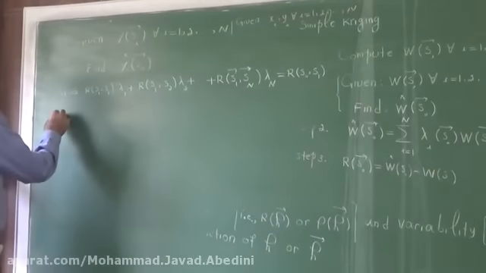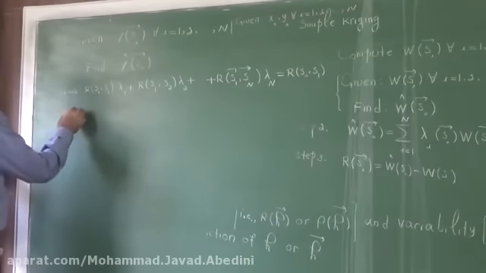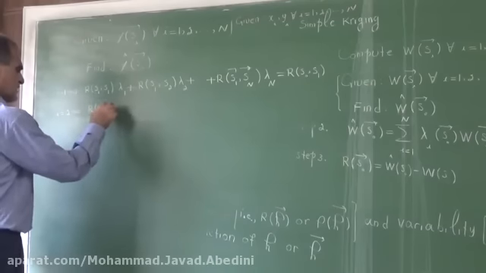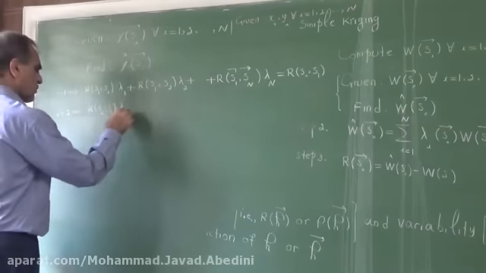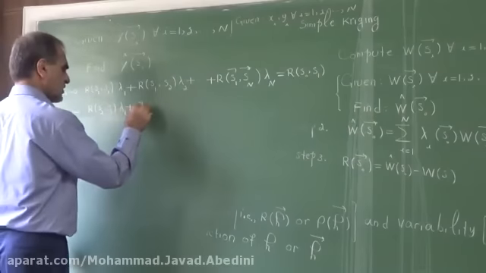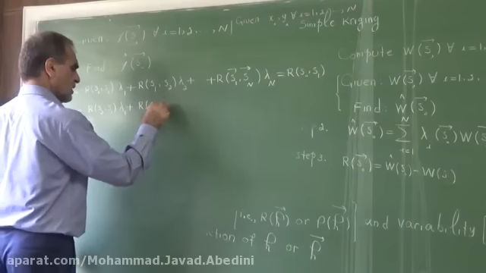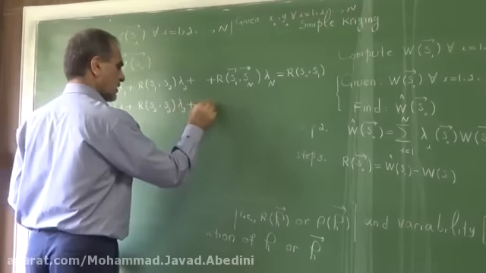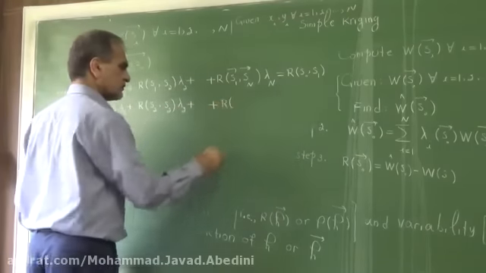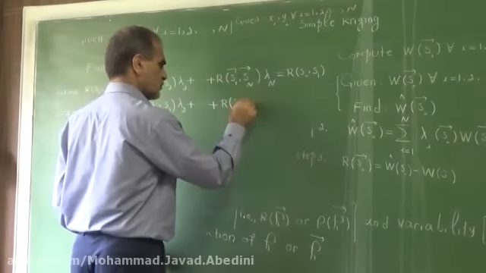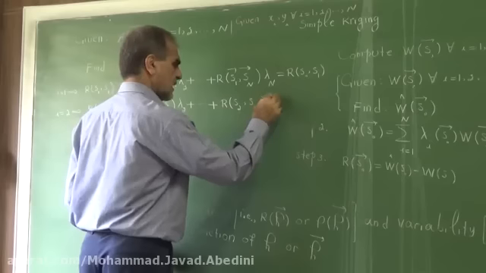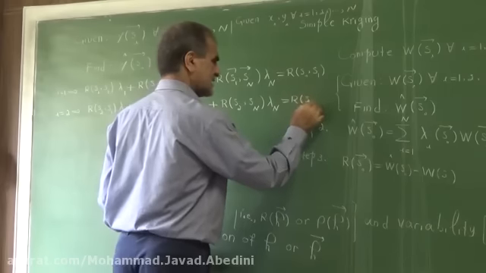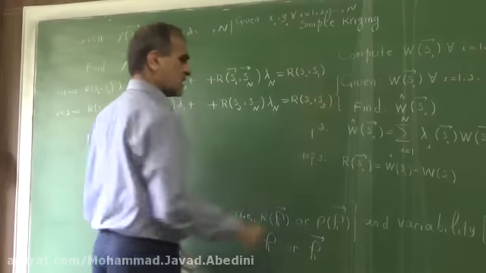When I equals 2, R sub S2 S1 times lambda 1, plus R sub S2 S2 times lambda 2, plus R sub S2 Sn times lambda n, equal to R sub S0 S2. That's your second equation.